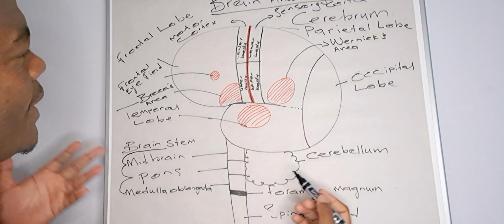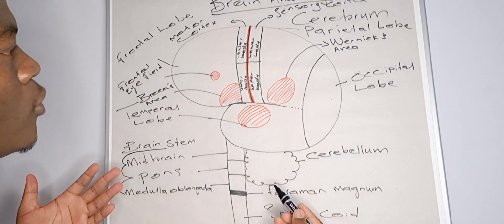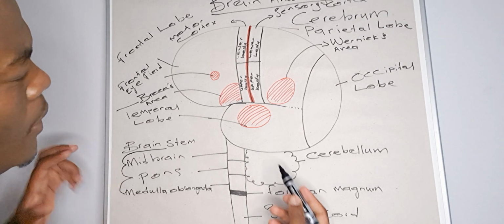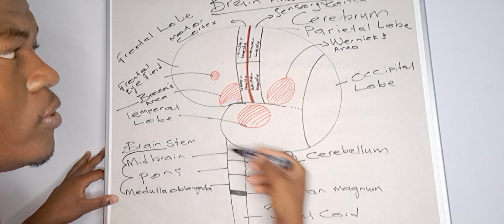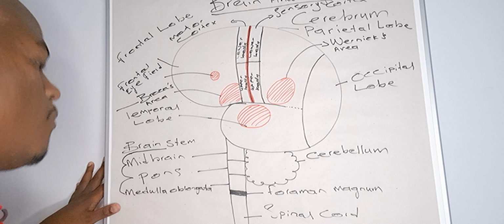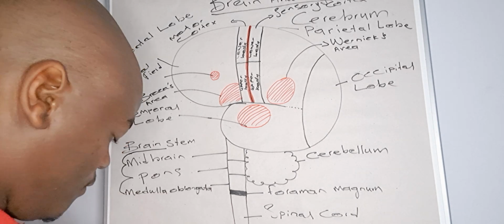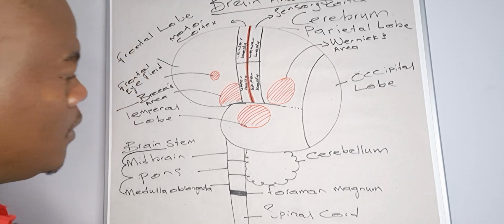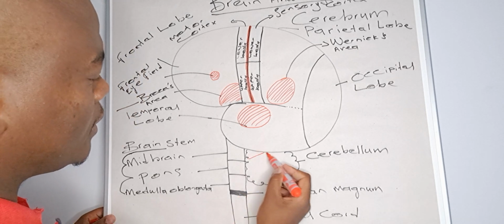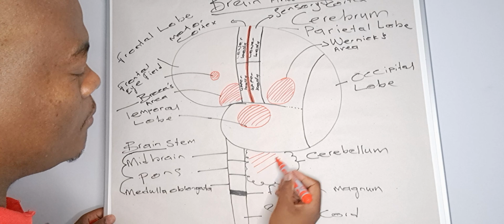Now we do have the labeling of a basic anatomically simplified diagram. Let's go to the physiology of this brain. Let me just color the brain stem a little bit, just the cerebellum.